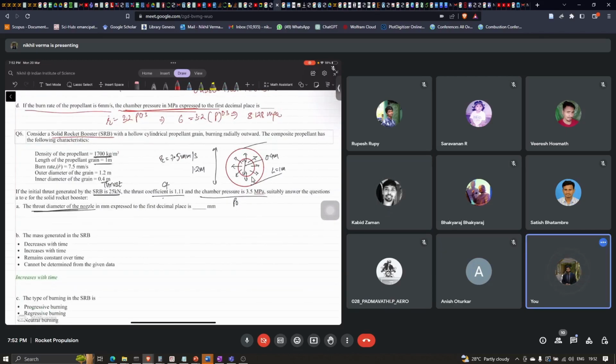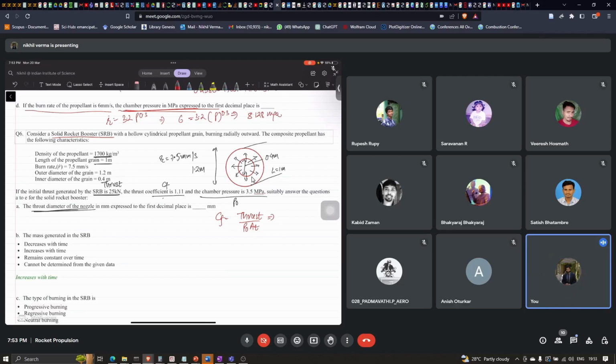Yeah, CF is equal to thrust by P naught At. Sorry, it is the other way around. So it is thrust, F, by P naught At. So you calculate At from here.